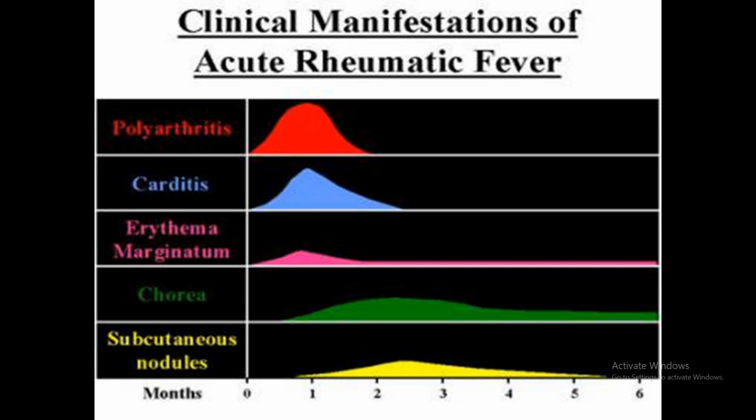You will feel them at the elbow, the anterior of the hands, or the interphalangeal joints. They may be present in some cases, but it's very rare. It's not seen commonly. I have seen only one case in my life.